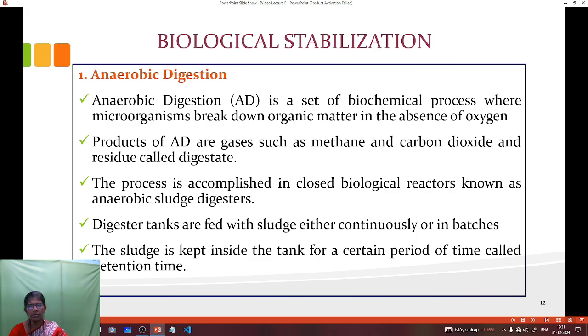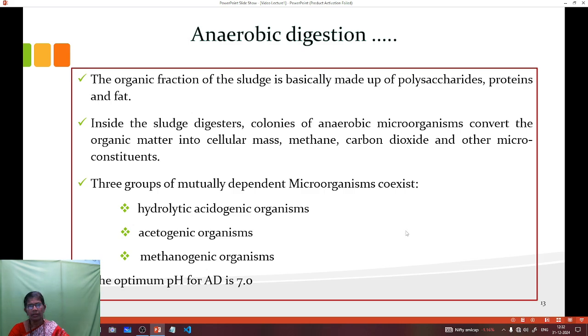This is done in biological reactors, large reactors and digester tanks. It is operated continuously or in batches, and the time for which the sludge is kept in the tank is called the detention time. The organic fraction of the sludge consists of polysaccharides, proteins and fats.